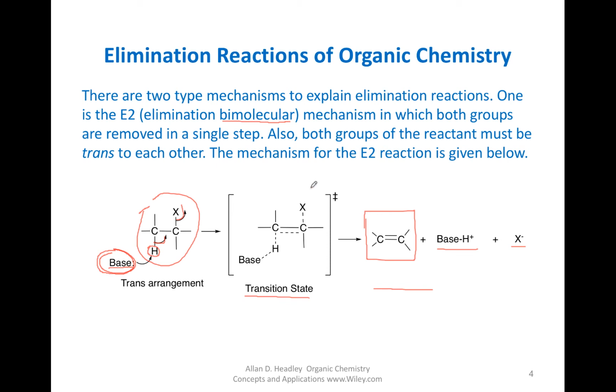So once again, this is a bimolecular, or an E2, for elimination, bimolecular. Why bimolecular? Because two reactants are used in the important step and only step of this reaction.